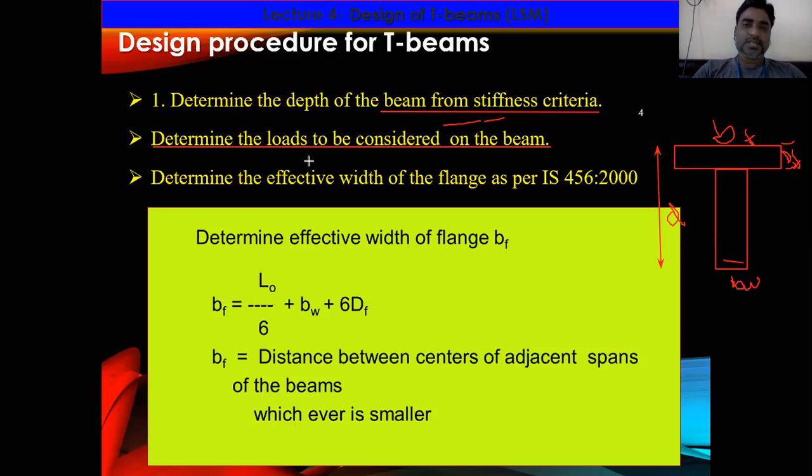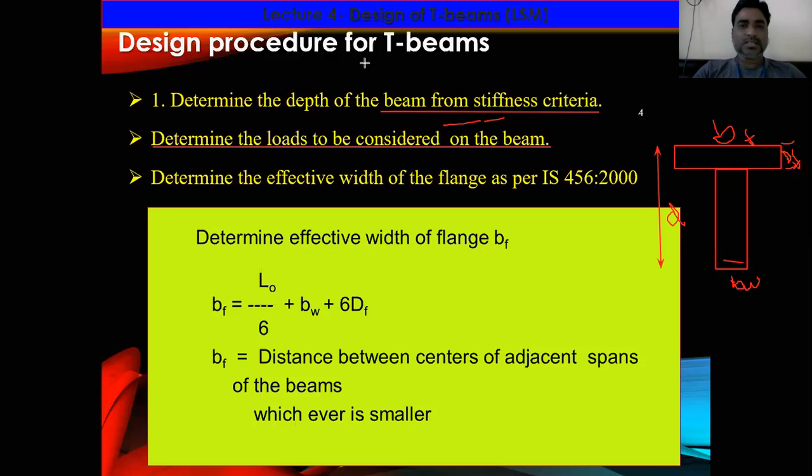Based upon that, you can determine the loads, and by application of partial safety factors, determine the factored load, right? The partial safety factors for loads can be taken from IS 456-2000, right? Apply the partial safety factor and determine the factored load, right?